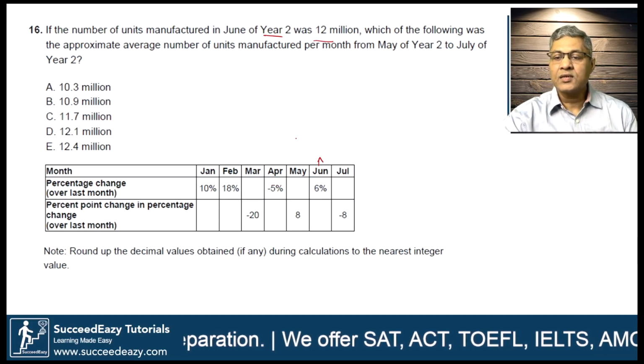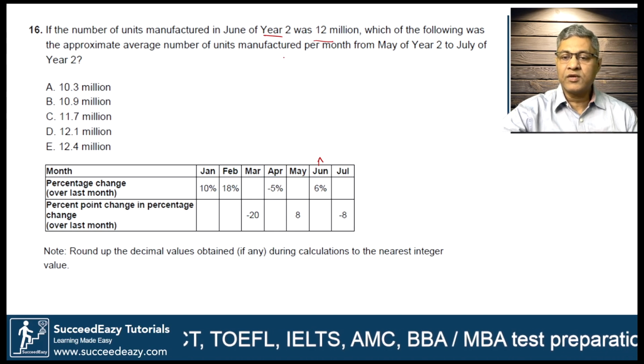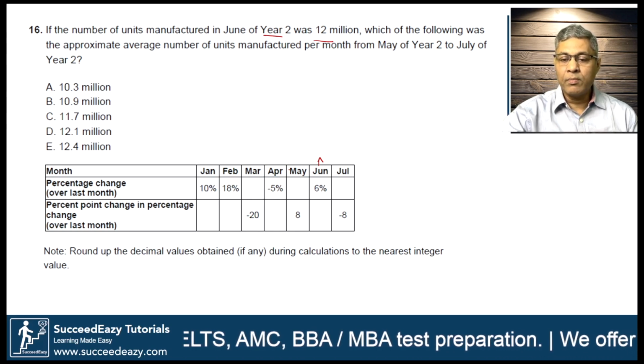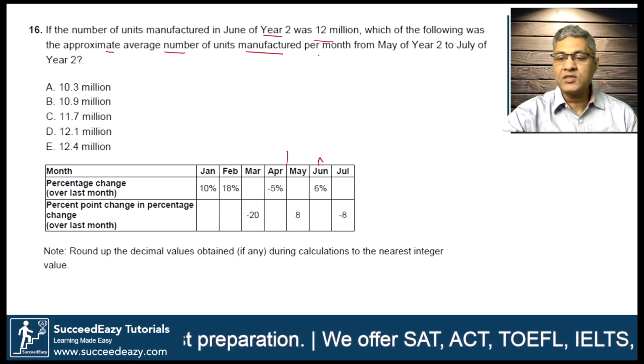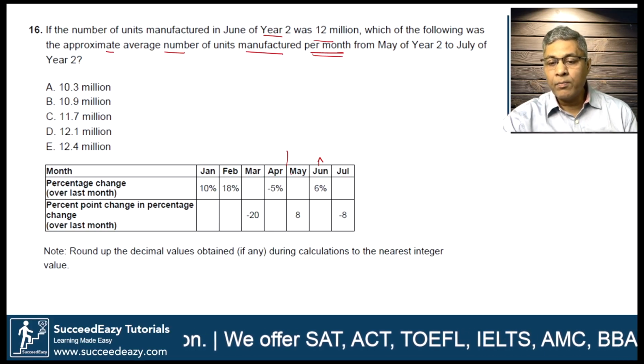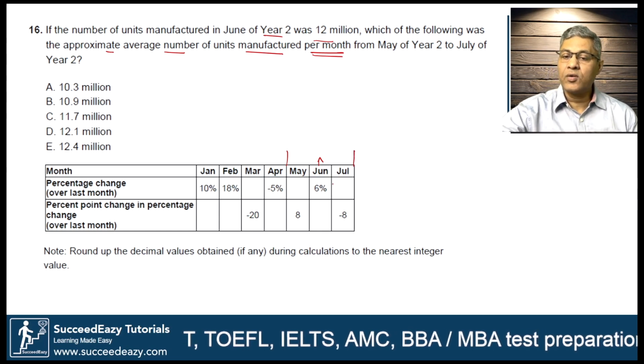We have to find the approximate average number of units manufactured per month from May of year 2 to July.